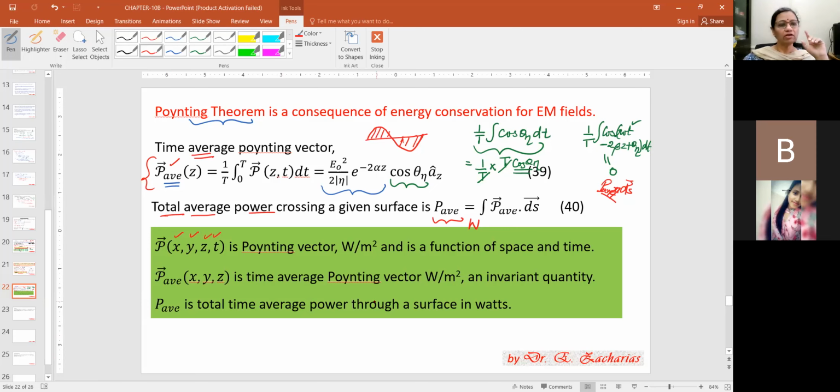And it is an invariant quantity. Invariant because time is no longer there. Then last part is power average. You see, italics we are no longer using. It is the total time average power through the surface, and the unit will be watts. Whereas for the other two, the units will be watts per meter square.